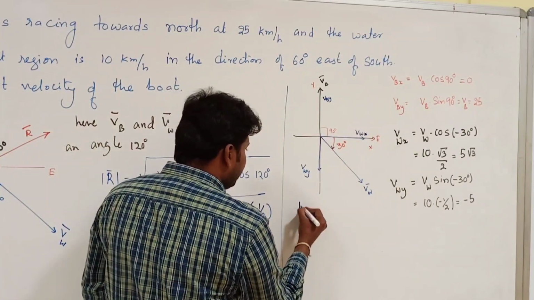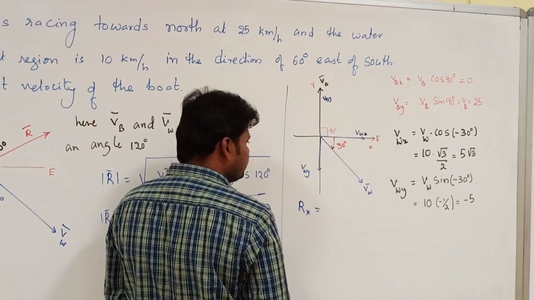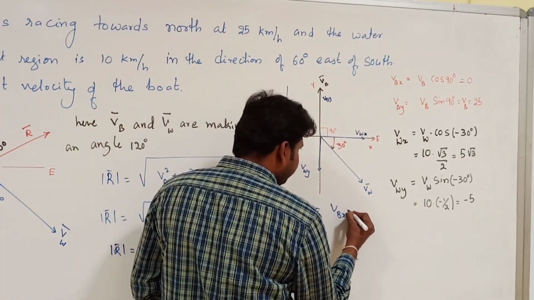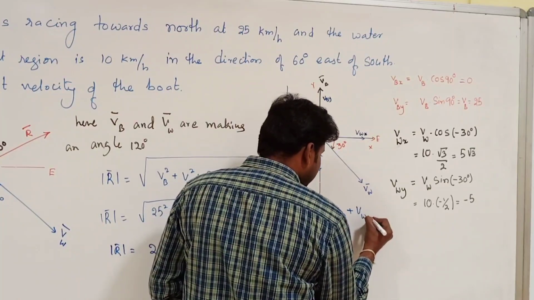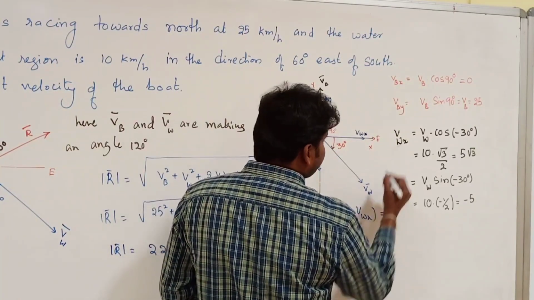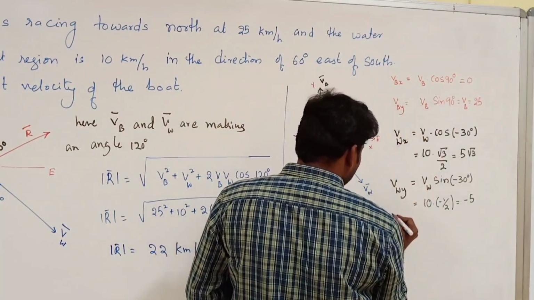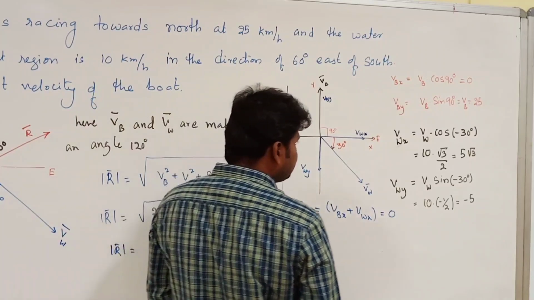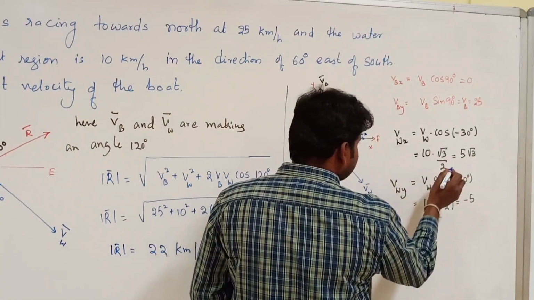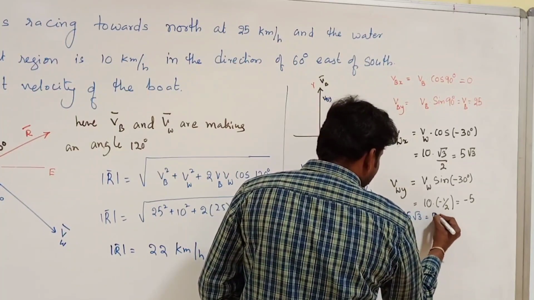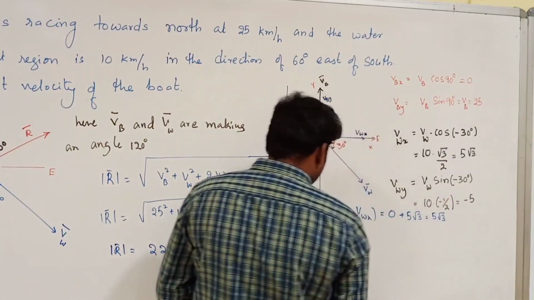Now, how to write RX? Rx is equal to the Vbx component plus the Vwx component. Vbx is 0, Vwx is 5 root 3, so Rx is 5 root 3.